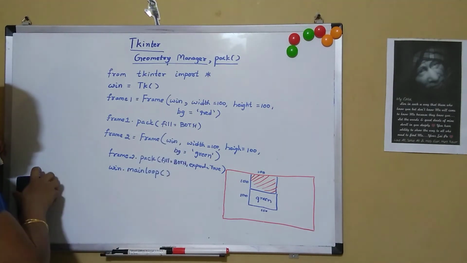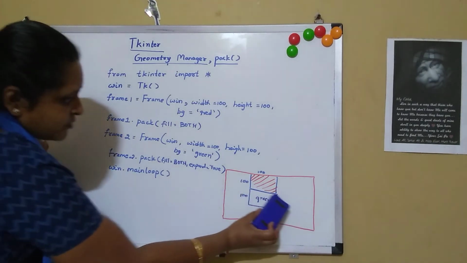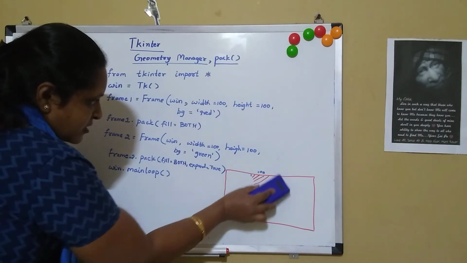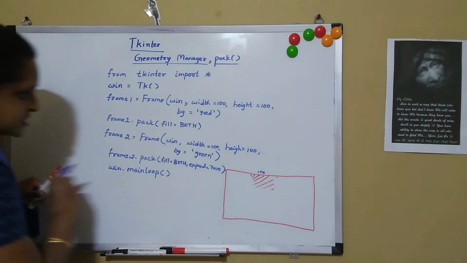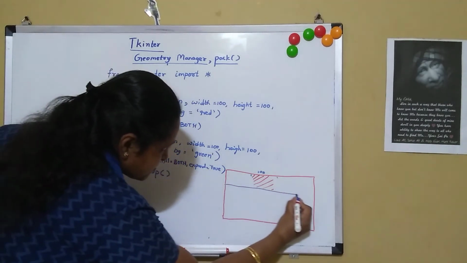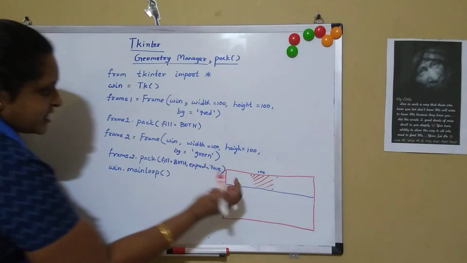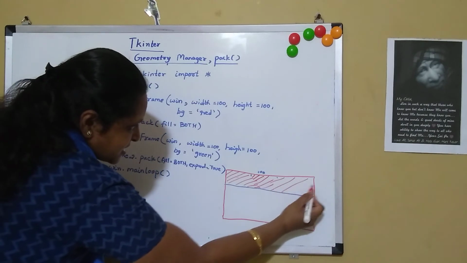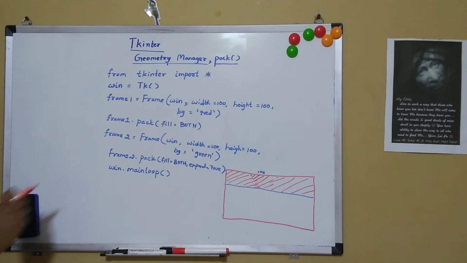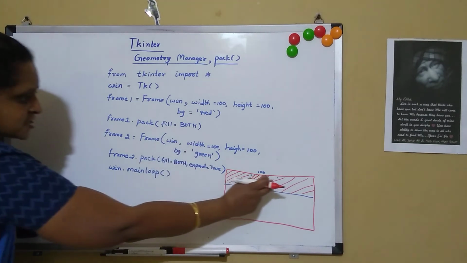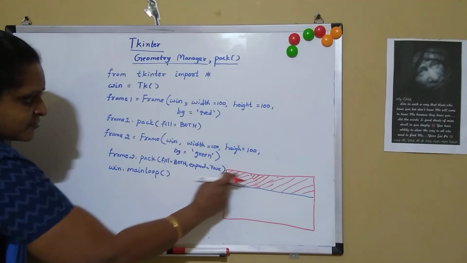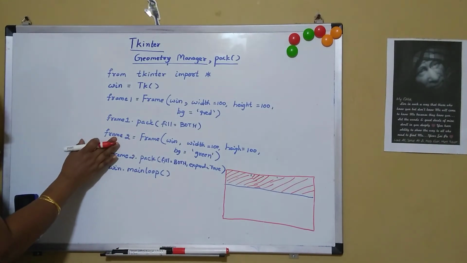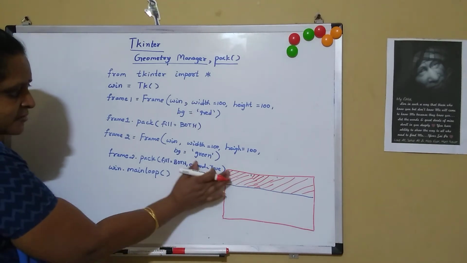So my widget will fill horizontally and vertically both. Since I have given fill equal to both, it's not restricted to 100 and 100. It will fill both horizontally and vertically. But since vertically we are having another frame, it won't fill vertically. It will fill horizontally. The entire space it will cover.